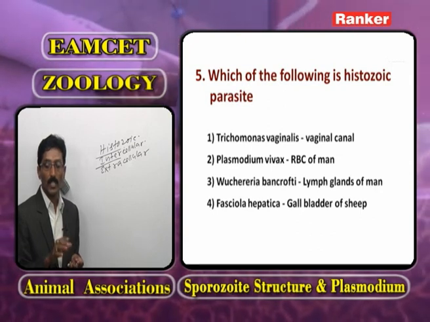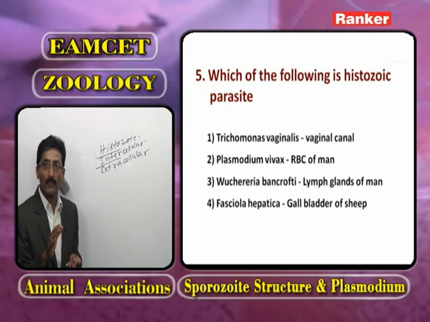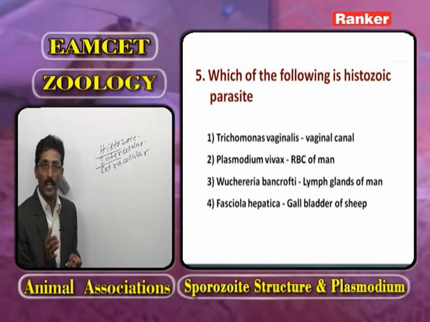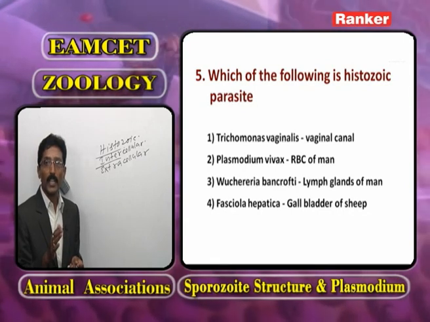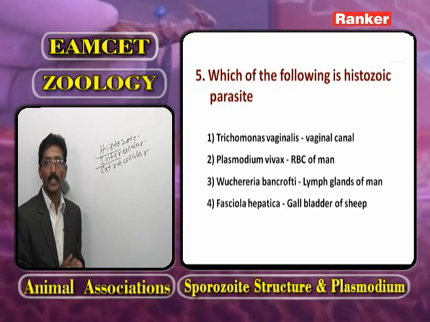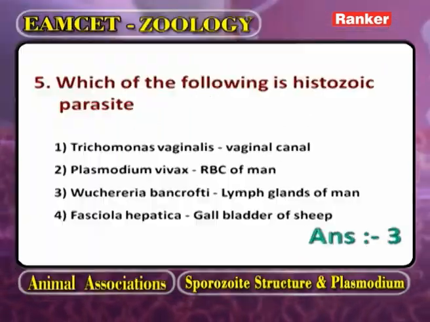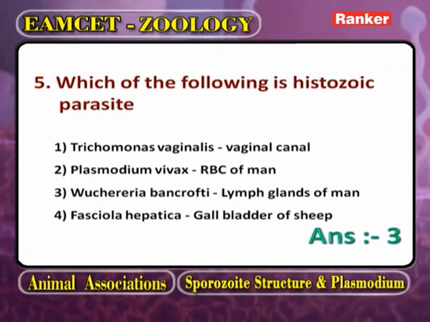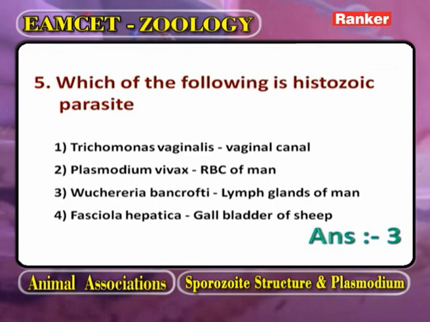The third one is Wuchereria bancrofti, which lives in the lymph vessels, lymph glands or lymph nodes of man. So the appropriate answer for histozoic parasite is Wuchereria bancrofti. It lives outside the cells, in the tissues. So this is the correct answer. Now we go for the next question.